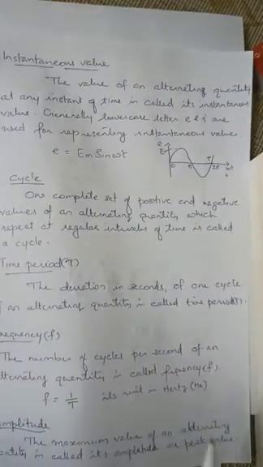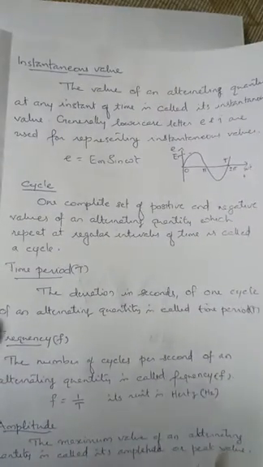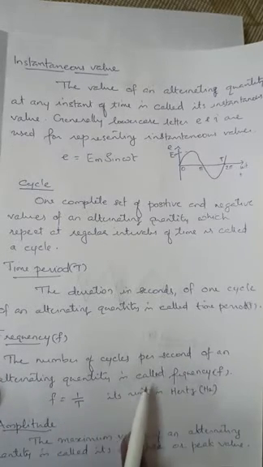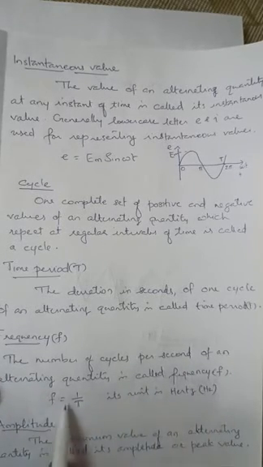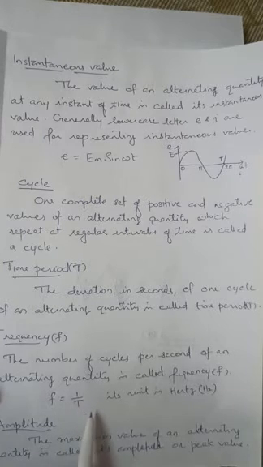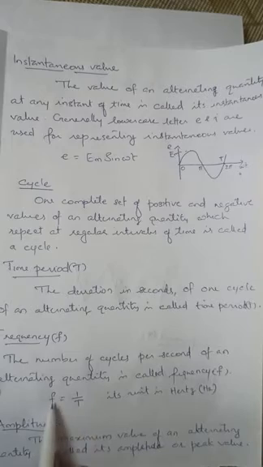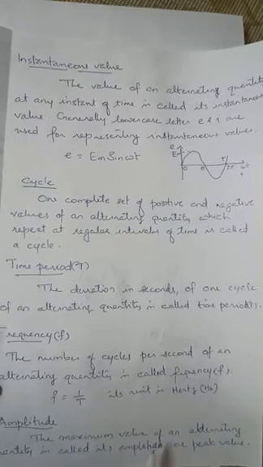The number of cycles per second of an alternating quantity is called frequency. f is equal to 1 by time period. Its unit is hertz. If you know the time period, you can calculate the frequency like this, 1 by T.